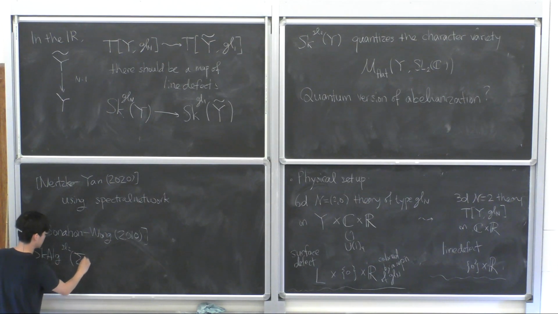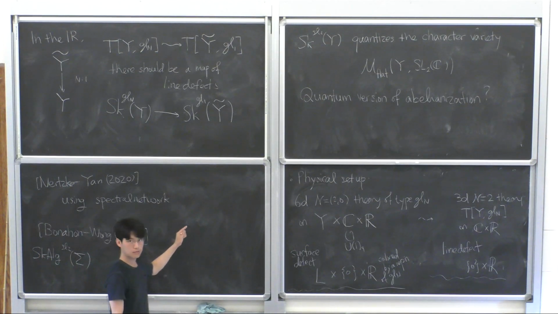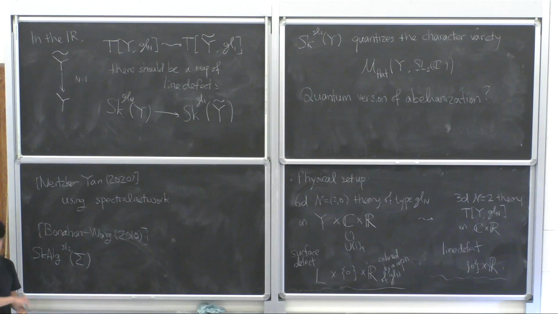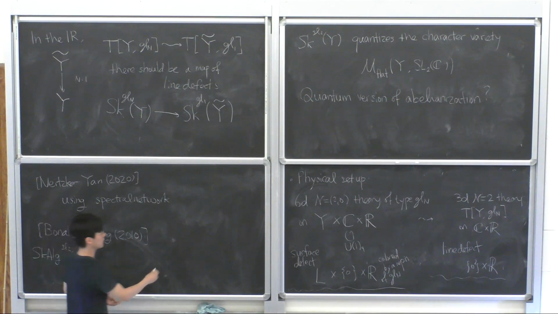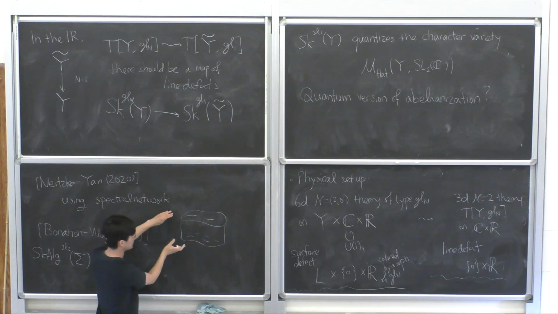Sorry, I forgot to say that even though it's a priori just a vector space, when the three-manifold is a surface times an interval, we can stack one surface times interval on top of another.